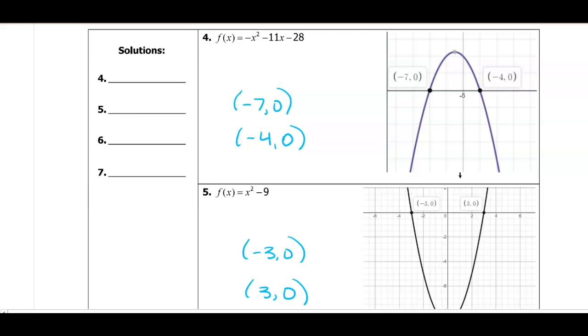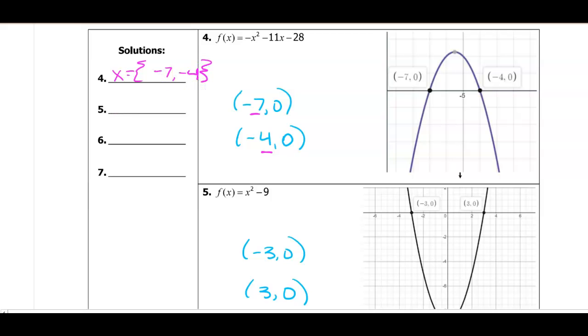We have a few more examples to look at here. Number 4, you can see these x-intercepts are -7, 0 as the ordered pair, and -4, 0 as the ordered pair. So our solutions for x would be -7, -4.